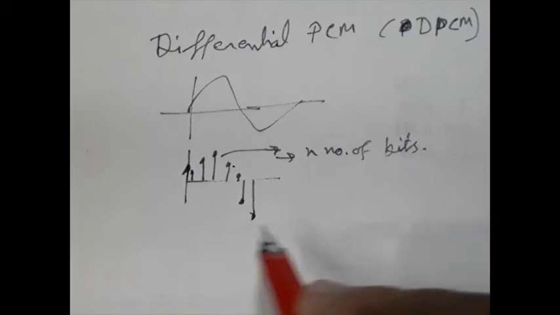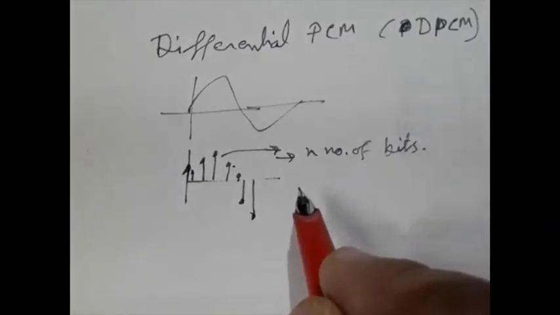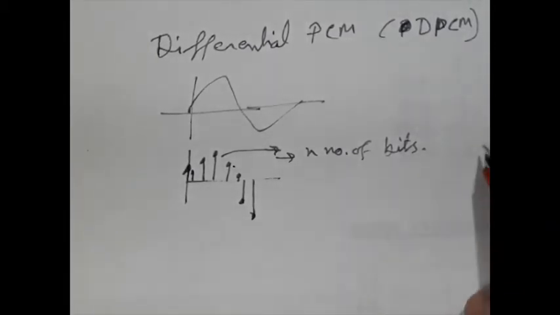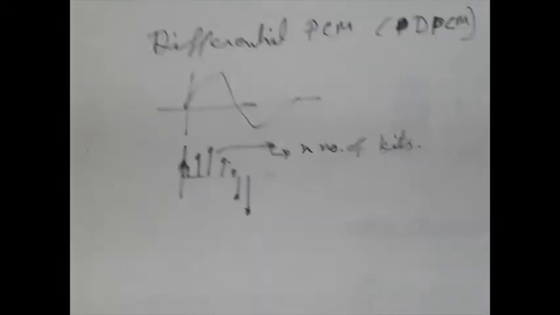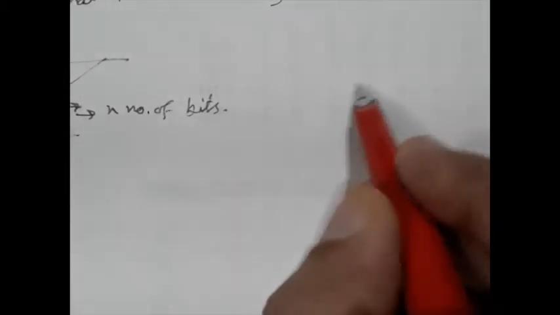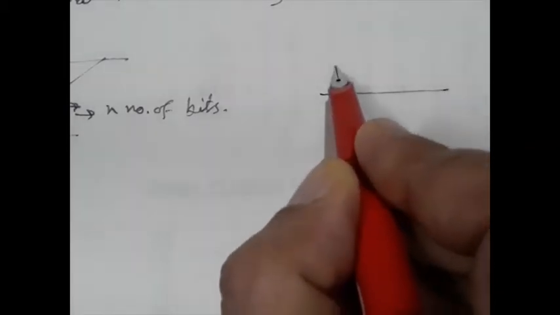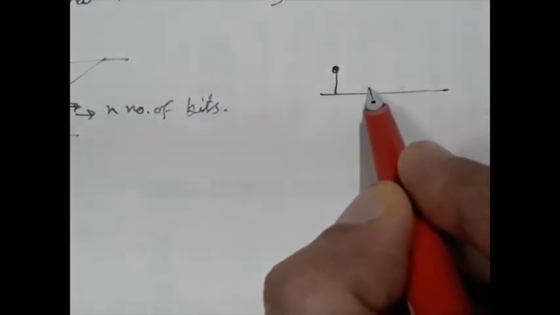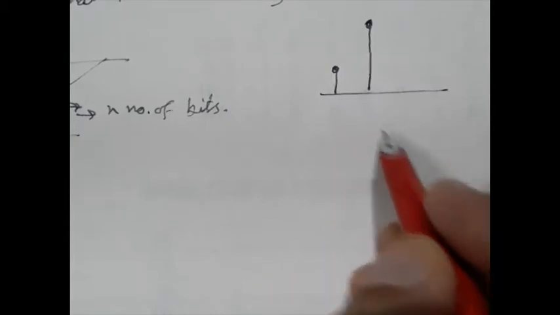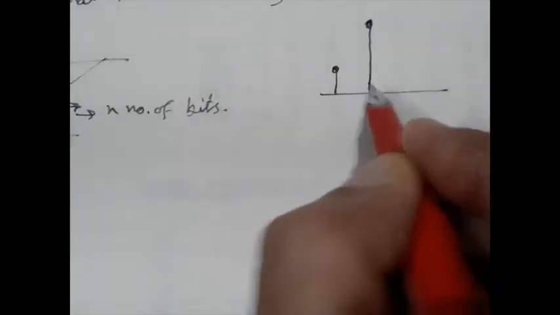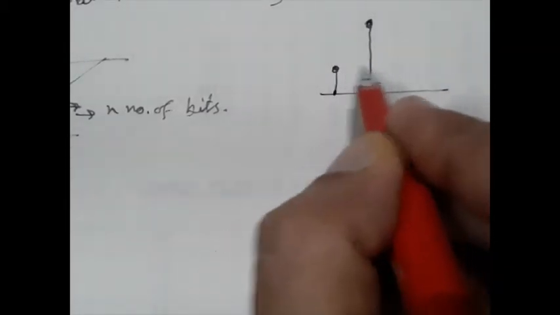In differential PCM, instead of sending all the samples, say we have two successive samples, and they are close enough.